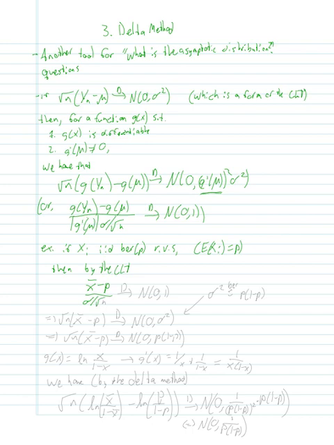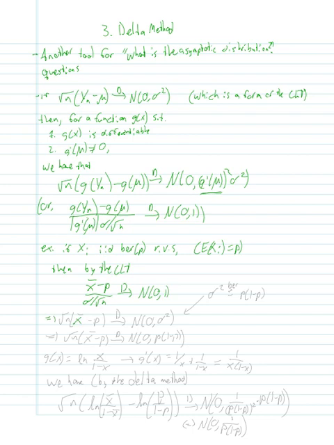Over sigma over square root of n converges in distribution to a normal 0, 1. Right?